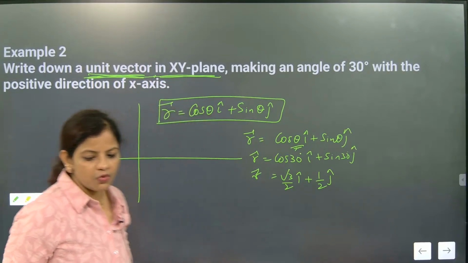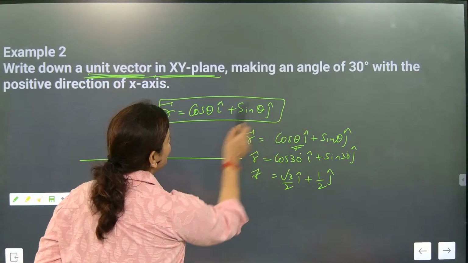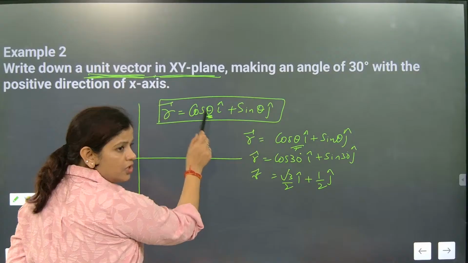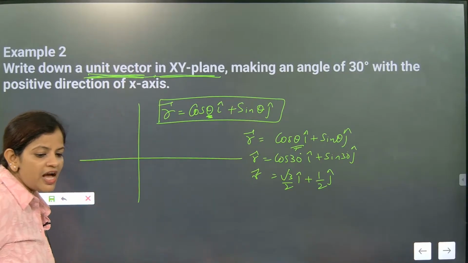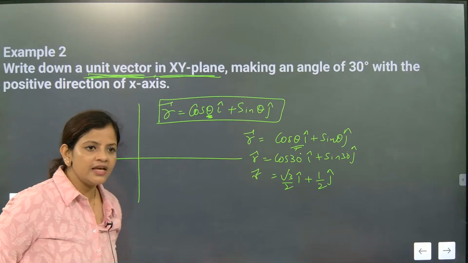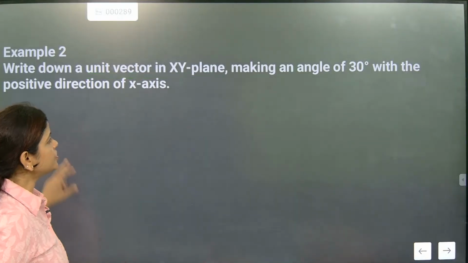And that formula only we are using. Here in this question they have given the theta value as 30 degrees. So you only have to substitute 30 degrees. Got it?